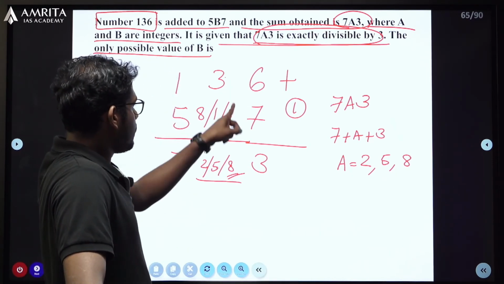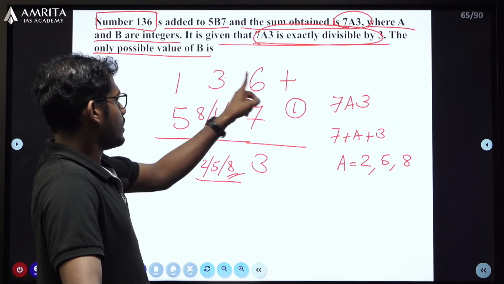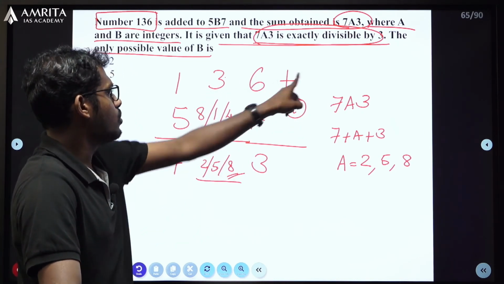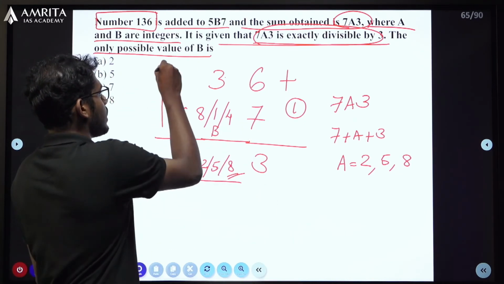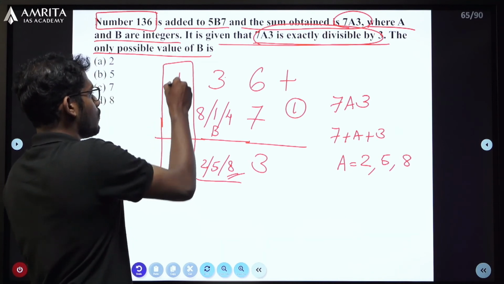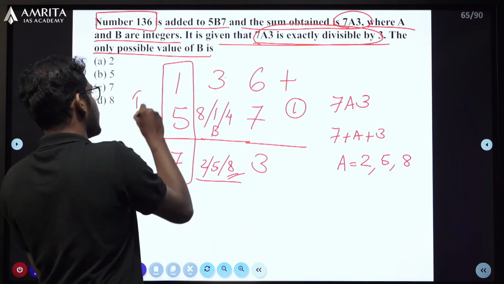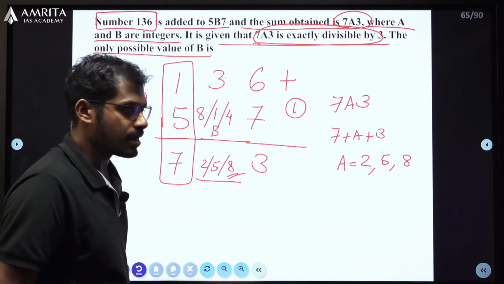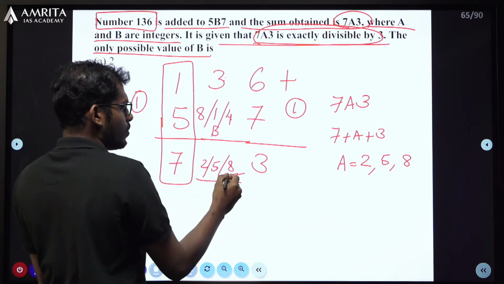Okay. So 3 plus 4 plus 1 is 8. 3 plus 1 plus 1 is 5. 3 plus 1, 4 plus 8, 12, 2 plus remainder 1. At the 100th place, it's 5 plus 1, but the answer is 7, which means that a remainder 1 is added here. Clear? Okay. So if I add 3 plus 1 plus 4, it is 8.